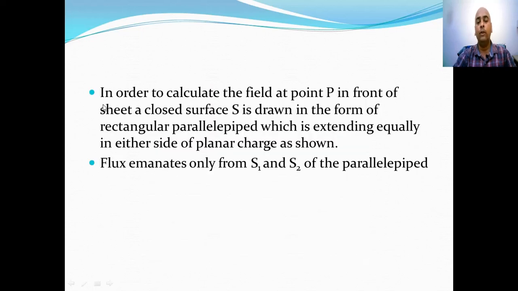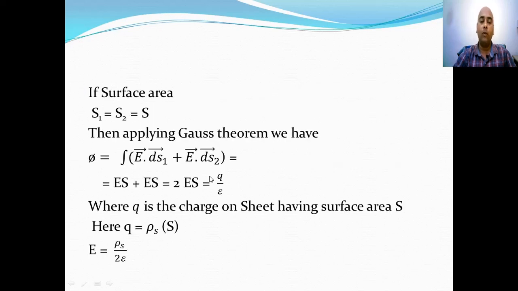So in order to calculate the field at point P in front of a sheet, a closed surface S is drawn in the form of a rectangular parallelepiped which is extended equally on either side of the planar charge. The flux emanates only from S1 and S2 of the parallelepiped.